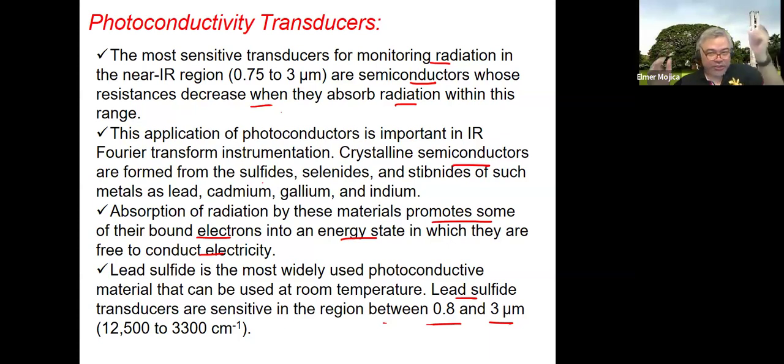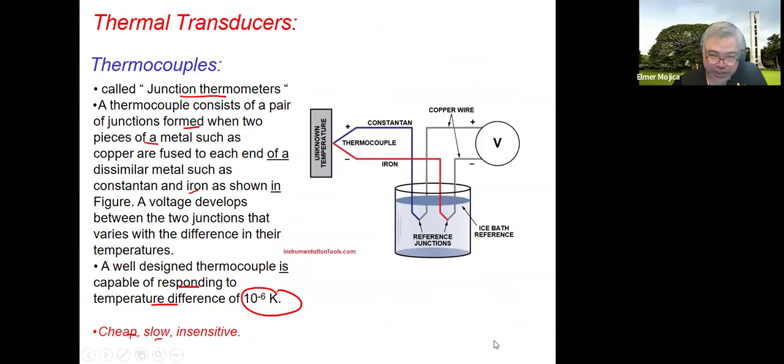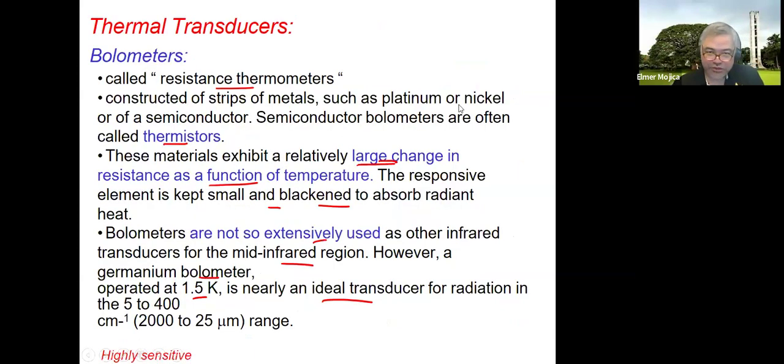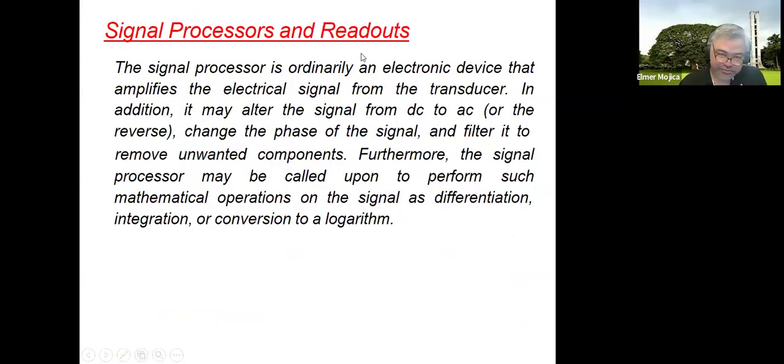And once you have the transducer, once it passes through the detector, what do you have? You have the so-called readout system, the signal processor. Okay, so what does the signal processor do? It amplifies the electrical signal from the transducer.